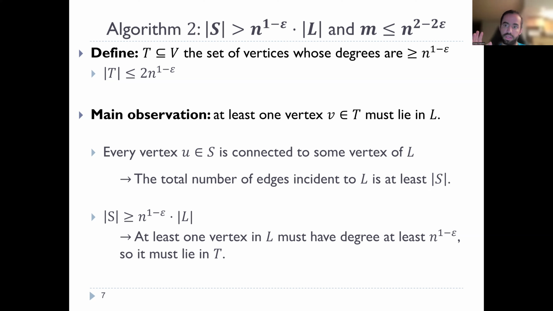So we know that every vertex in the separator is connected to L. And so the total number of edges incident to L is at least as the number of vertices in the separator. Now, since the separator is at least of size n^(1-epsilon) times |L|, we know that at least one vertex in L must have degree that is at least n^(1-epsilon), and so it must be in T. We must have included it in the set of terminals in this case.